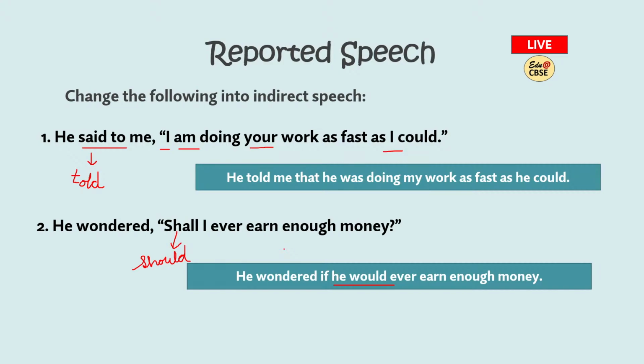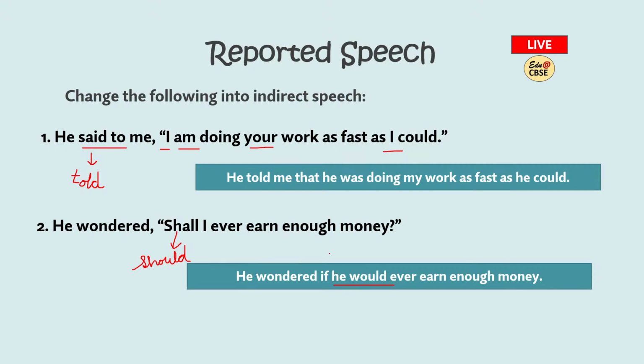So when we are talking about future, should is about advice, about suggestion, about obligation. So यहाँ पे should नहीं आ सकता. We are referring to something that has to happen in future. इसलिए यहाँ पे shall जो है वो would में change होगा. He wondered if he would ever earn enough money.